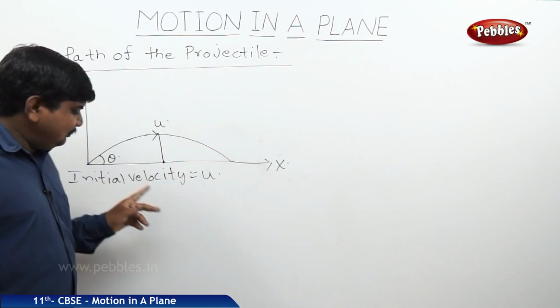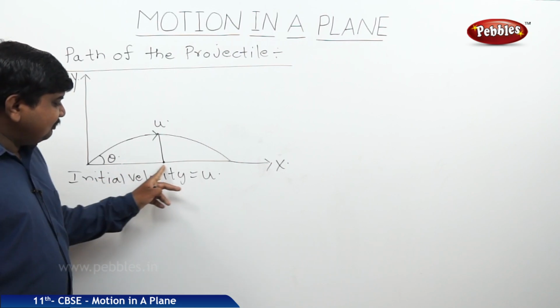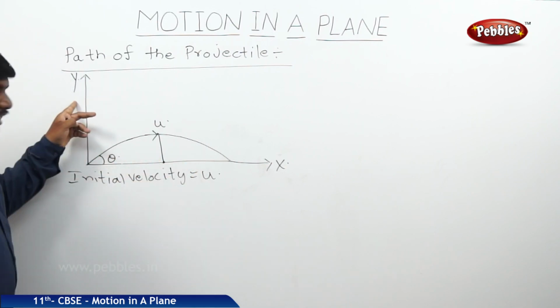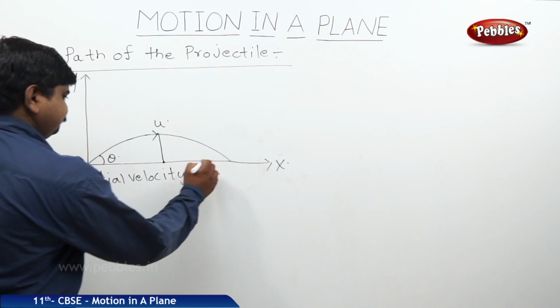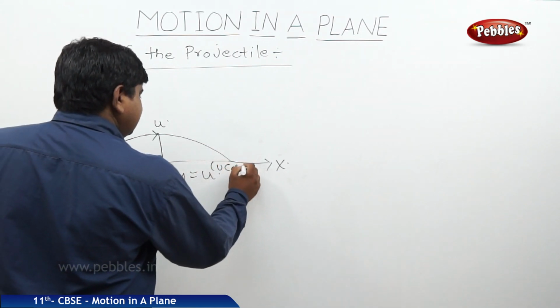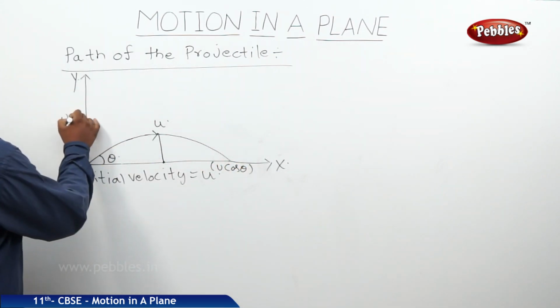Along horizontal, making angle theta, it will become u cos theta. Along vertical, it will become u sin theta.